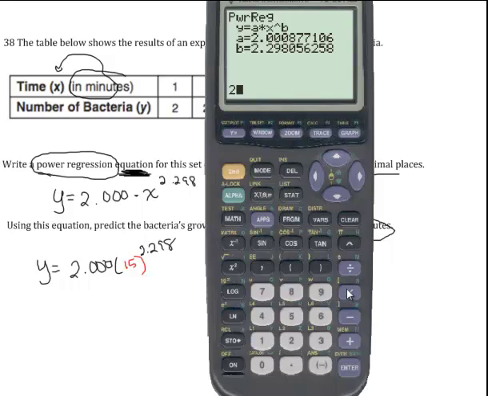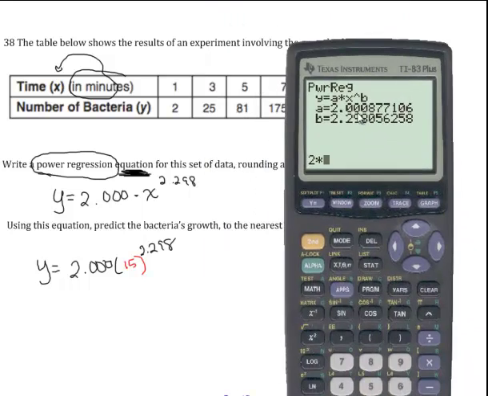2 times, oh, I messed up. Instead of deleting all this, you may have noticed right here, since I'm rushing, this is really 1. I rounded wrong. This is 1.